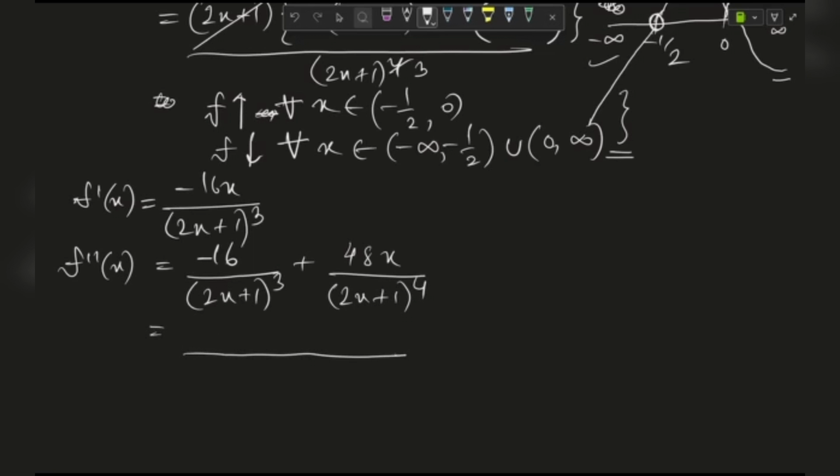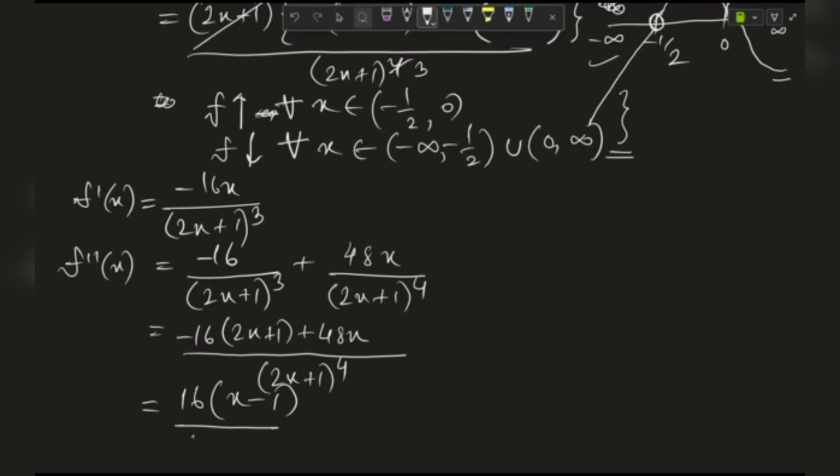So in our LCM we have (2x plus 1) whole power 4, and this will become minus 16 times (2x plus 1) plus 48x. So 48 minus 32 is 16 times x, and because we also have minus 16, so I took it 16 times (x minus 1) divided by our (2x plus 1) whole power 4, and this is our f double dash x.